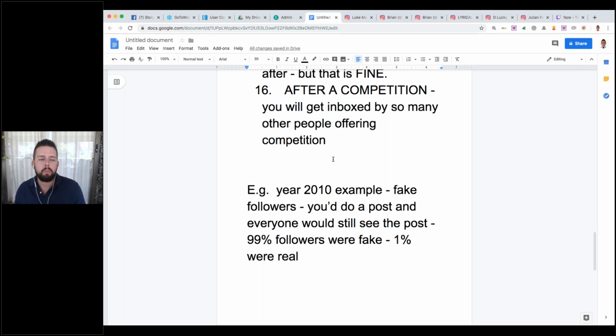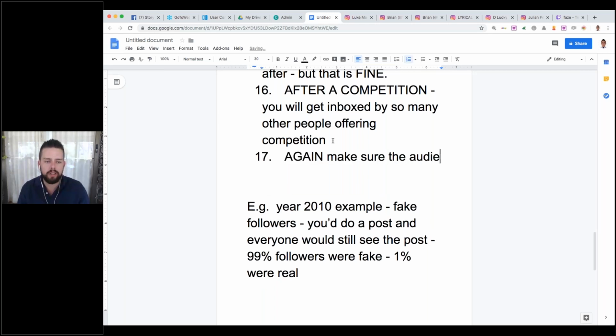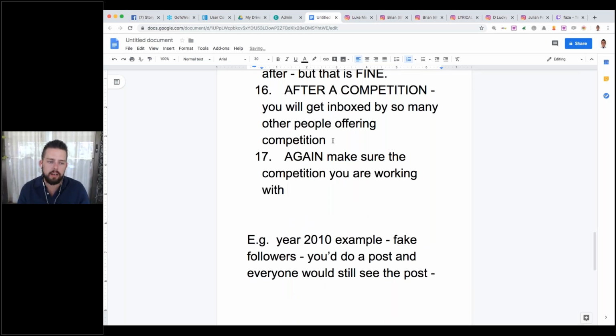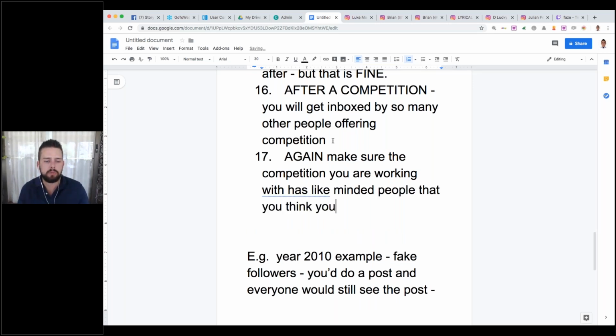Now, how does this relate to what we are doing with these loop giveaways, right? This is why, again, make sure the audience or the competition you are working with has like-minded people that you think you want to work with.